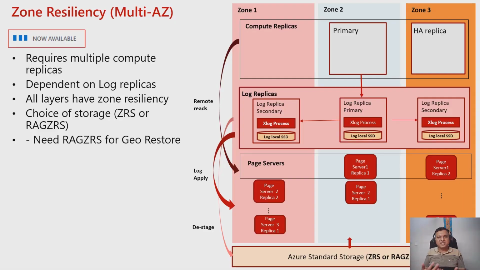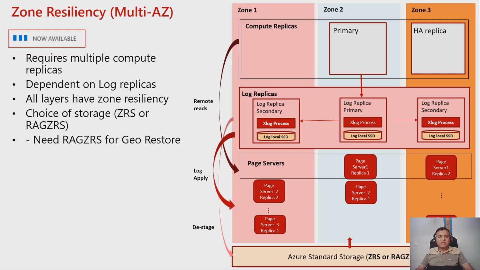Let's talk about zone resiliency. It is also called multi-AZ. Multi-AZ is a feature which allows you to create a hyperscale database where the components of hyperscale, the separate layers of hyperscale, are in different zones altogether. This provides you the resiliency of the hyperscale database.